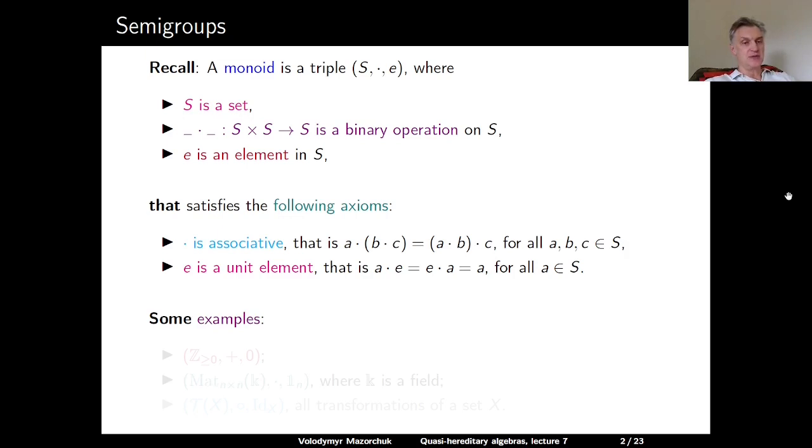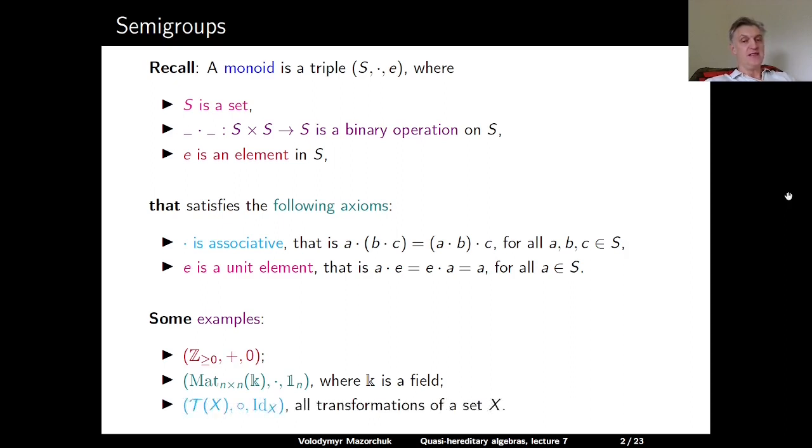Here are some examples. We have the monoid of all non-negative integers with respect to addition and with the identity element being 0. For any field K, we have the monoid of all n times n matrices over K with respect to matrix multiplication and with the identity matrix of size n being the unit element.